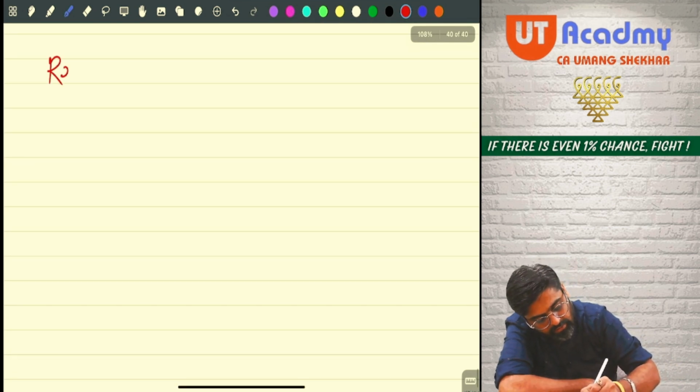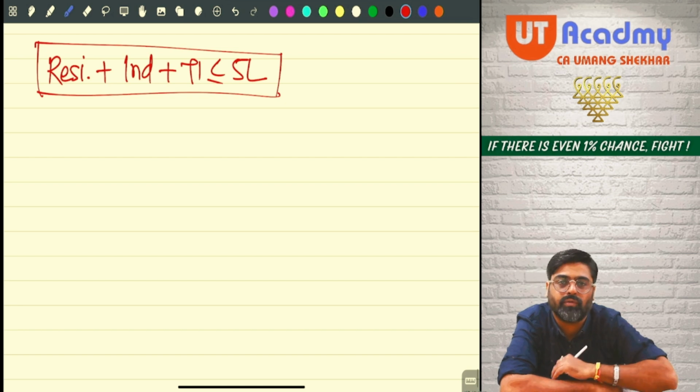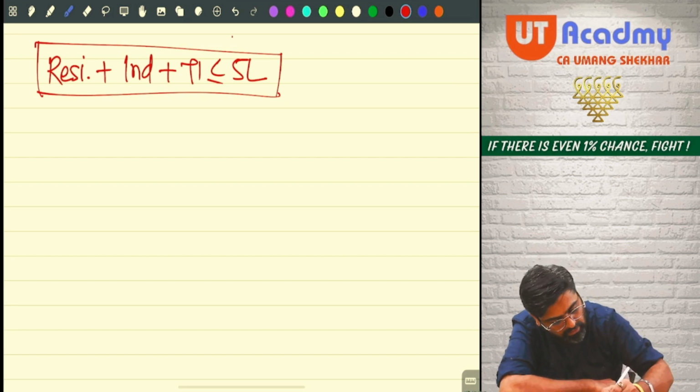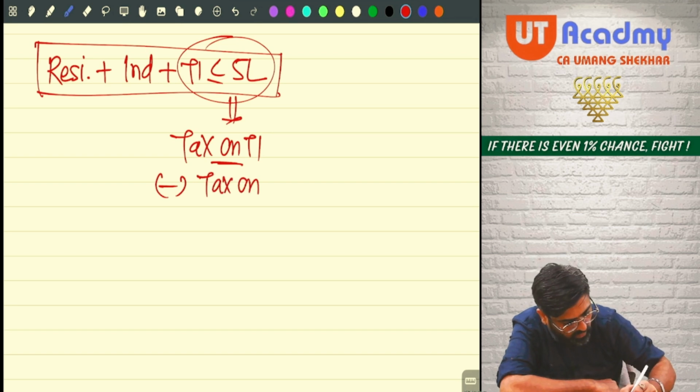This is a resident, individual, total income less than or equal to 5 lakh. All the three conditions are fulfilled. Now on his total income, tax is calculated, tax on total income. If this tax includes tax on long-term capital gain under section 112A.